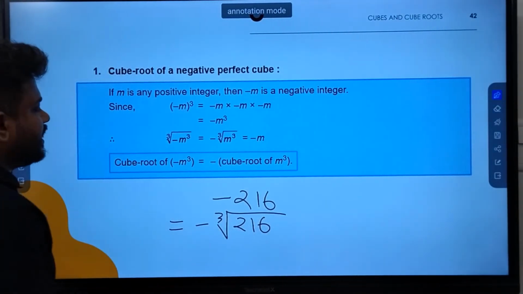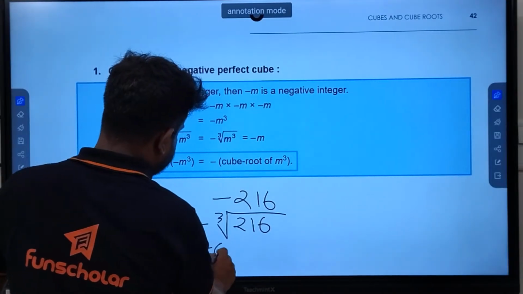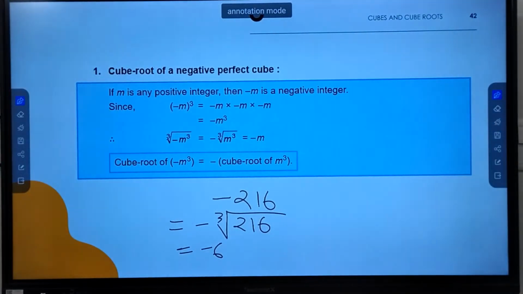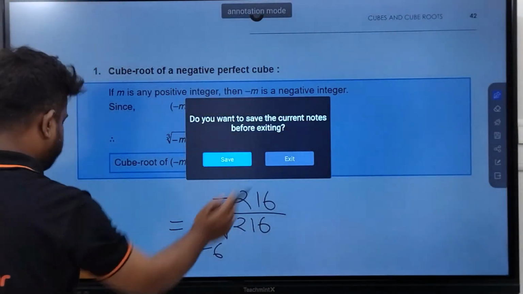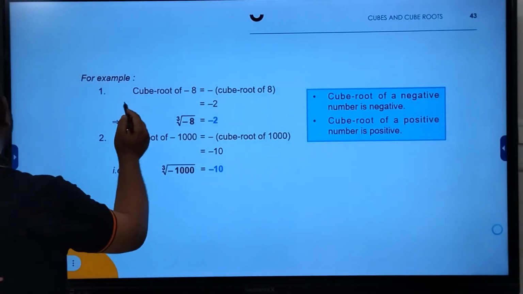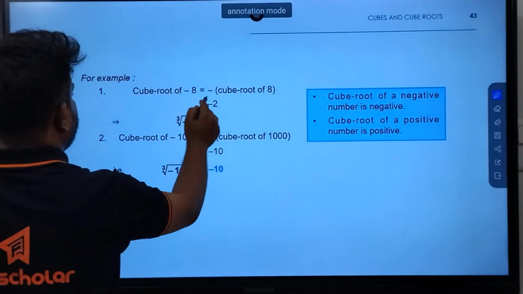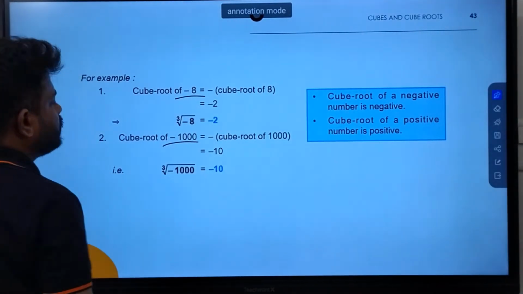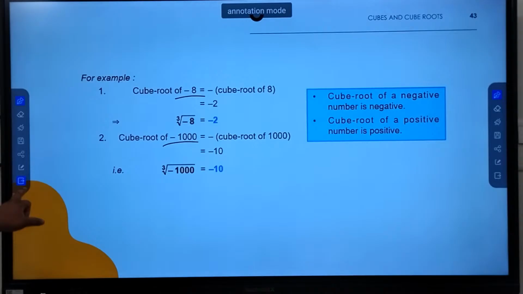So 216 gives 6, and minus 6 will be the answer, right? Next, yes, they have given the examples of minus 8, minus 1000 and all that.